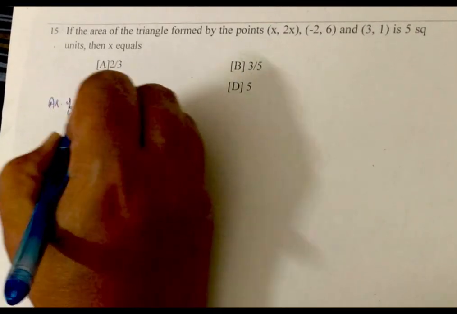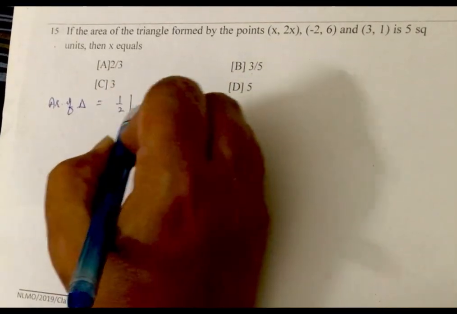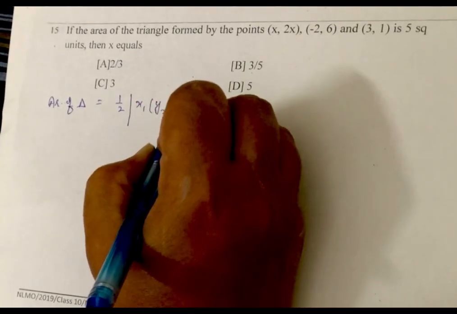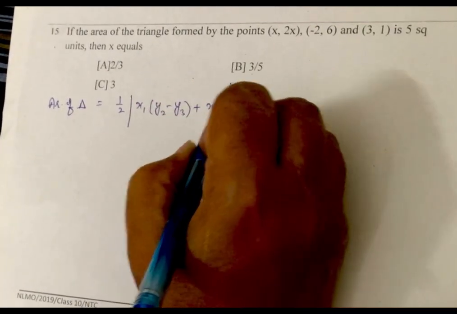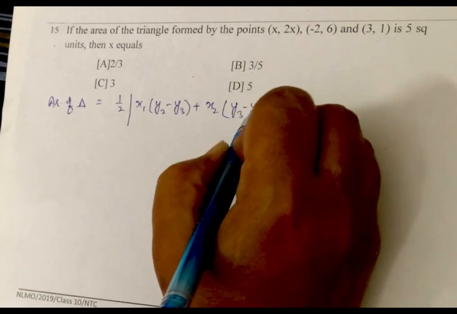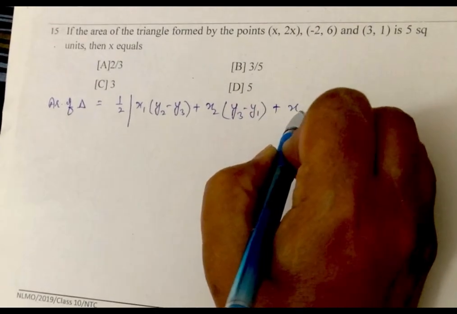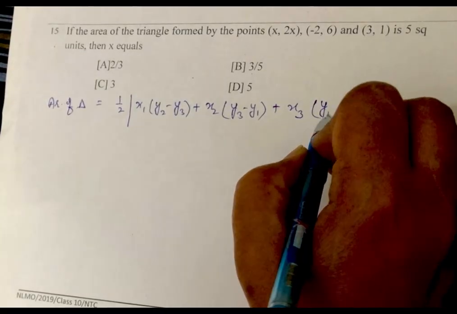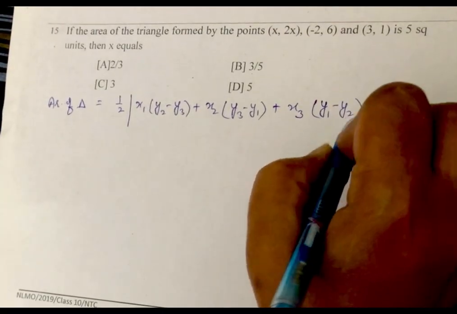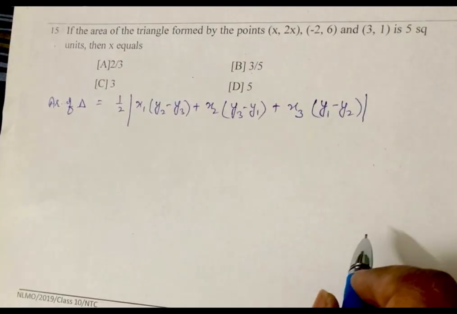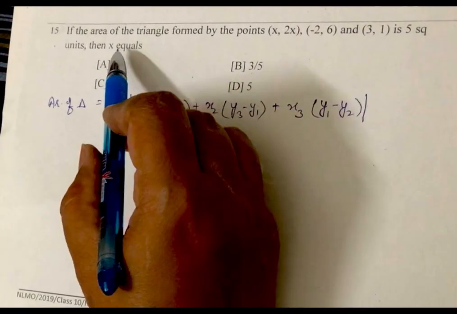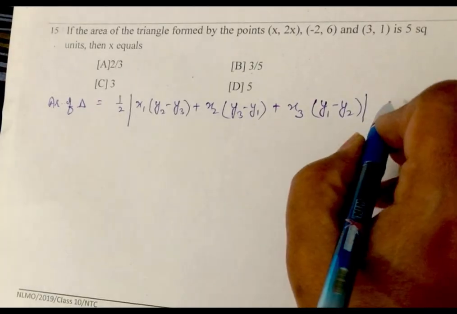Area of triangle is given by 1 by 2 modulus of x1 (y2 minus y3) plus x2 (y3 minus y1) plus x3 (y1 minus y2). This is the formula for area of a triangle, and it is given to be 5 square units.